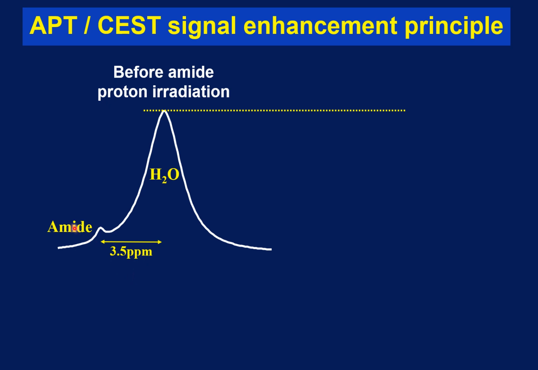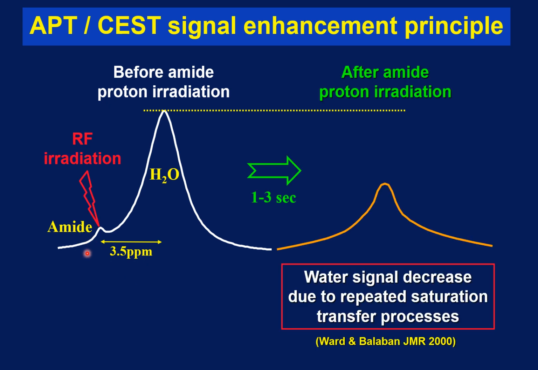You put RF radiation on the amide protons, and they will be saturated. Then the saturation will transfer to the water, and after a few seconds the amide proton signal disappears in water, which is reduced significantly due to this repeated saturation transfer process.